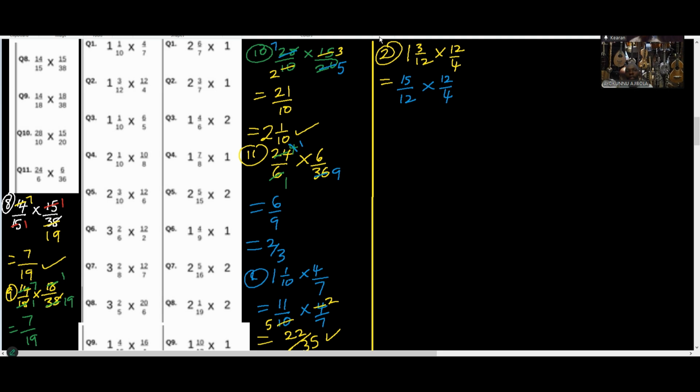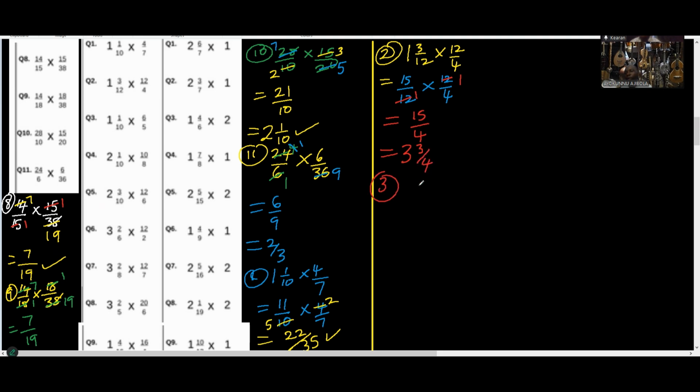So 12 here 1, 12 here 1. We now have 15 over 4. How many 4 is in 15? That's 3, which is 12. Then remainder 3 over 4.